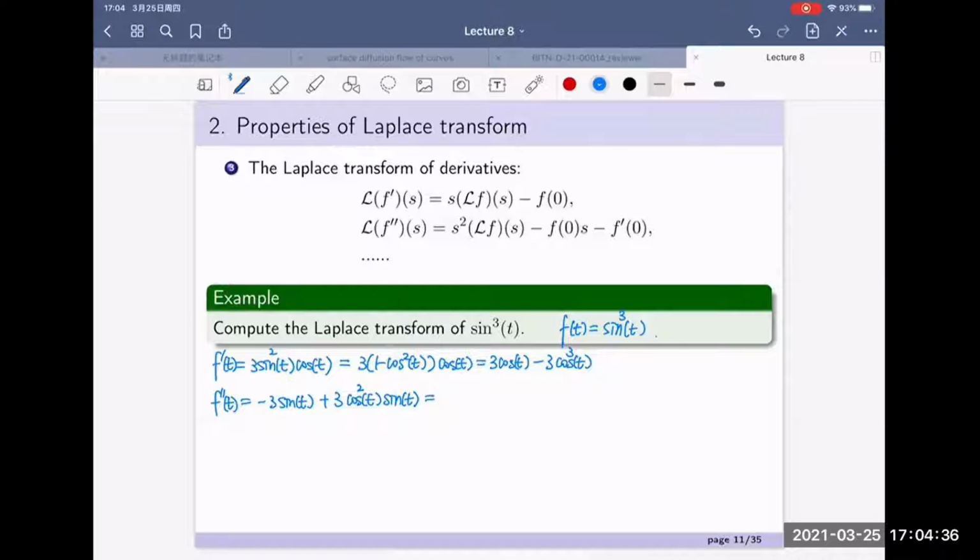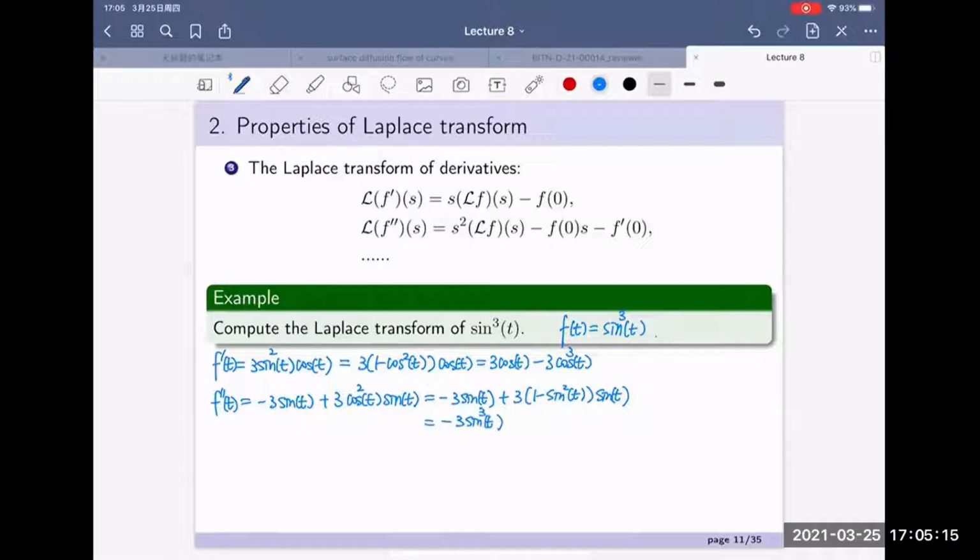You get a cosine square, which can be written as 1 minus sine square. So this cancels here. You get minus 3 sine to power 3.